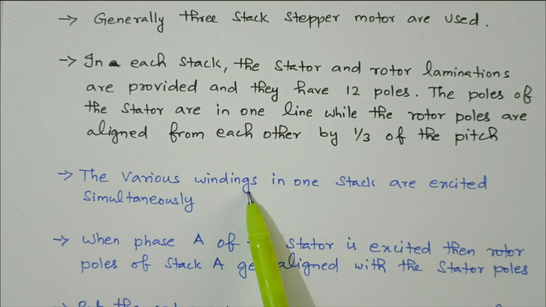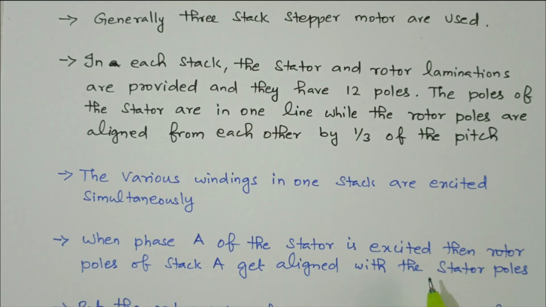The various windings in one stack are excited simultaneously. When phase A of the stator is excited, the rotor poles of stack A get aligned with the stator poles.